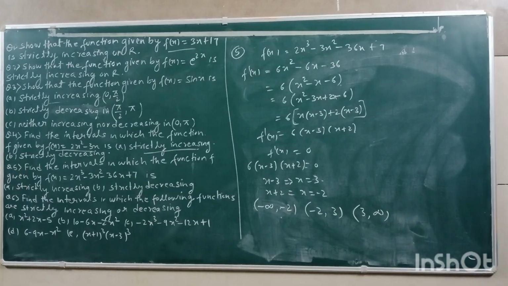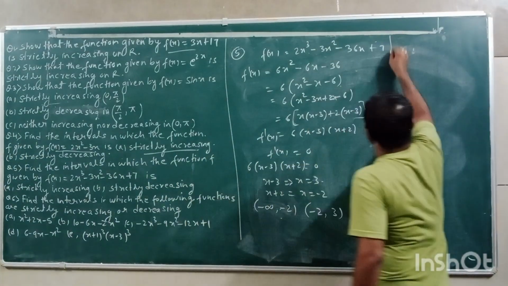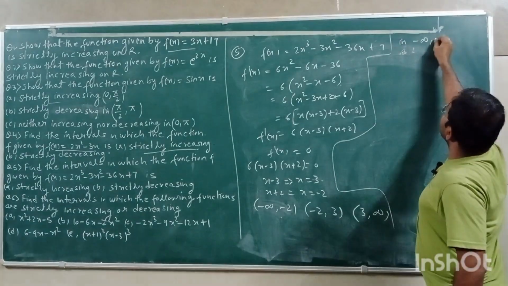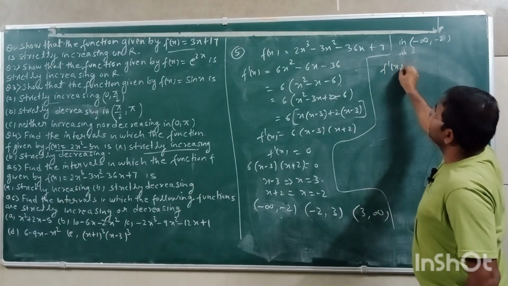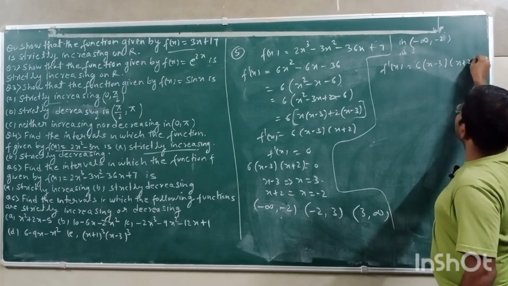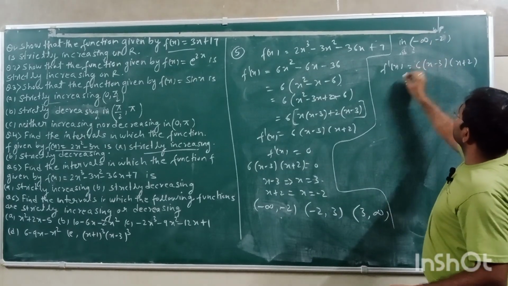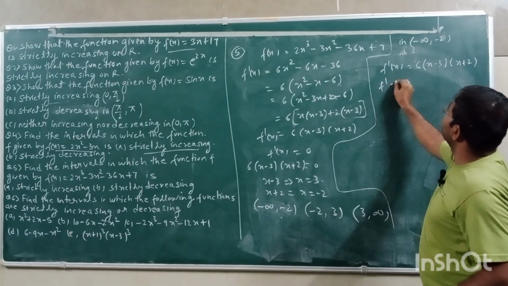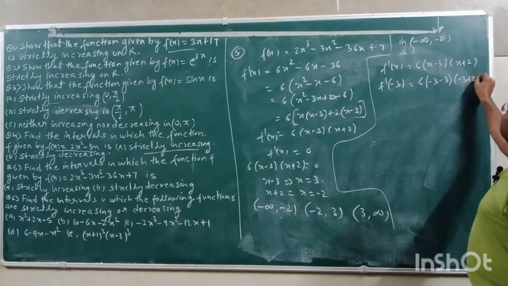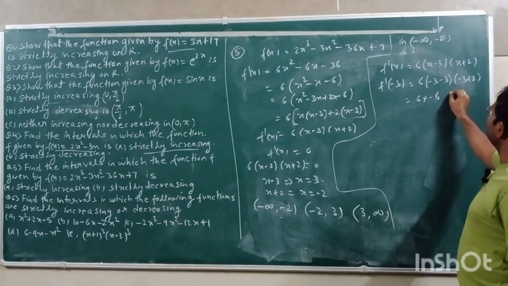Now we will check by putting a value in which interval the function is increasing or decreasing. In −∞ to −2, f'(x) is 6(x − 3)(x + 2). Suppose from −∞ to −2 you take any value, say −3. Then f'(−3) is 6 into (−3 − 3) and (−3 + 2), that is 6 into −6 into −1.